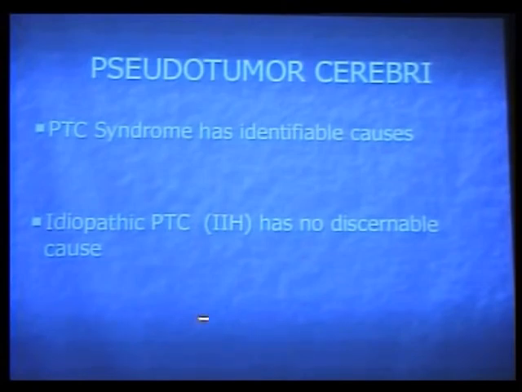So you had to say, this is IIH and this is pseudotumor, but then people would get confused. So I like to call it the pseudotumor syndrome and idiopathic pseudotumor. But you can call it anything you want, but you have to make sure the people you're talking to understand whether you're talking about the idiopathic form, what some people still call IIH, or a pseudotumor syndrome that's associated with a known cause.